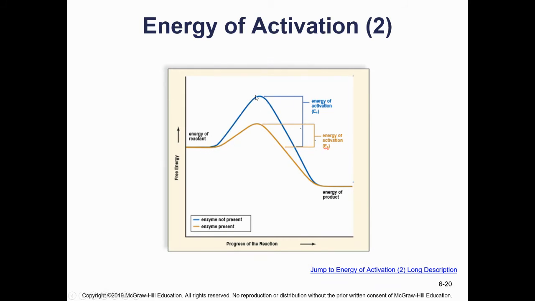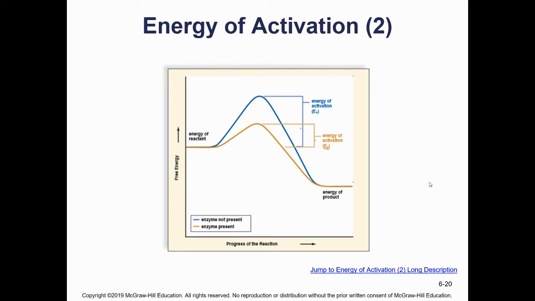I've got to give it a little kickstart. And now I can release all of this. So my net gain in energy is from here to here. That's how much energy was released in this reaction, but I had to put some in first. If I add an enzyme to this, I have to put in a lot less energy to kickstart it. And so that makes the reaction happen faster.